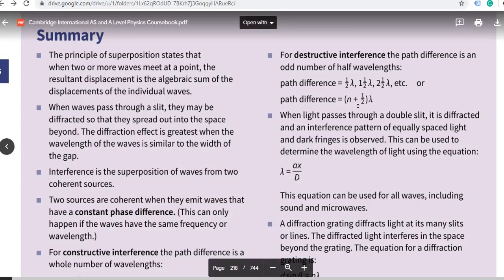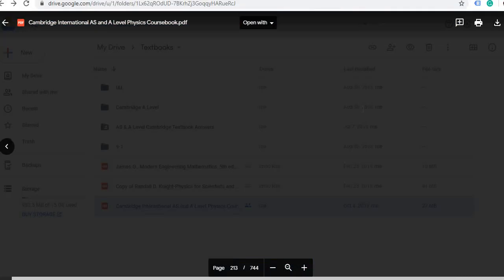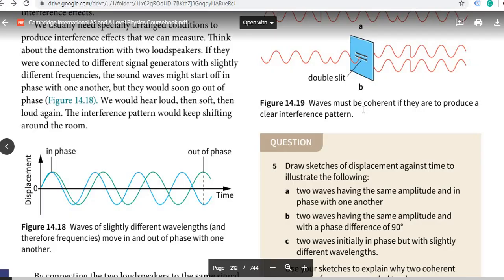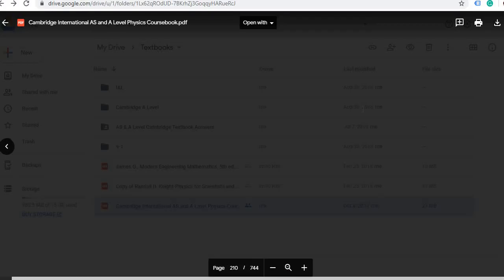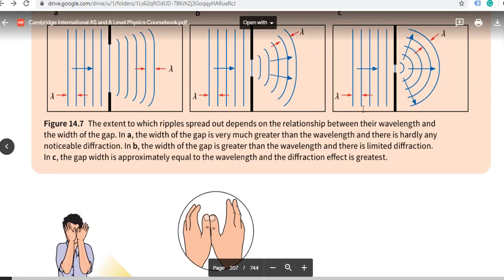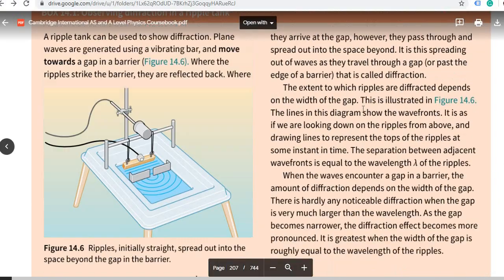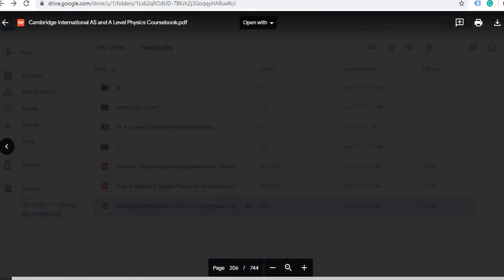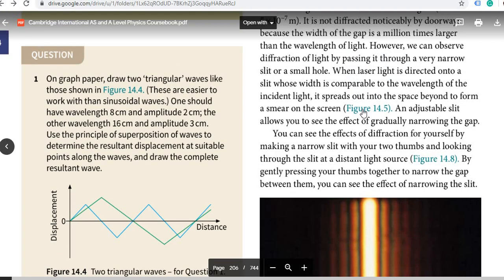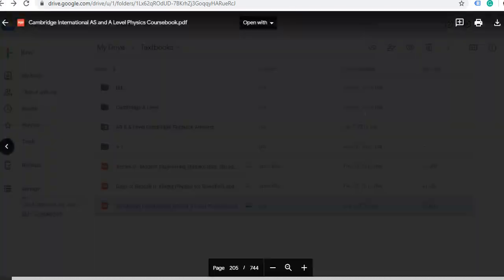To help you understand this better, let's have a look at the first topic, which is about the principle of superposition. So you will have two or more waves coming together, and the resultant displacement of these waves is the algebraic sum of the displacements of the individual waves at that particular point.